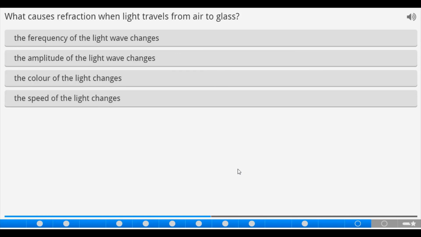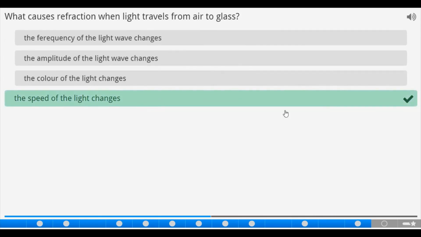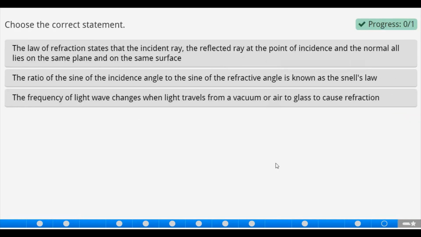Yes. When waves or light is moving from one medium to another, the speed of the light will change depending on what? The medium. That is our answer. So pick it and check. That's correct. Now, let's deal with our correct statement before we wrap it up for today.